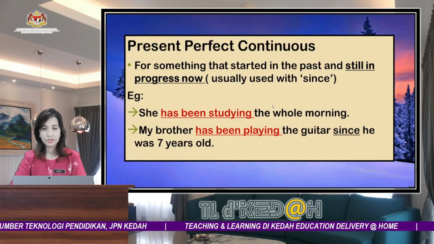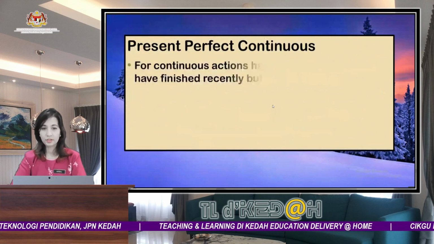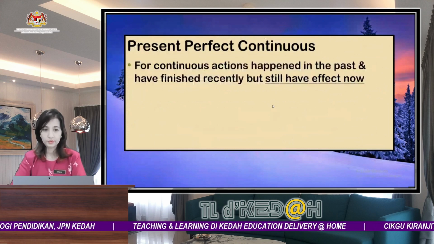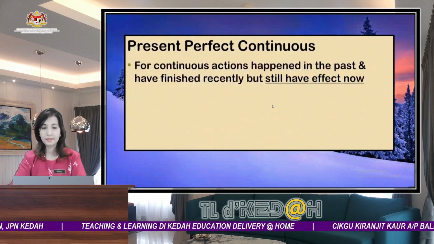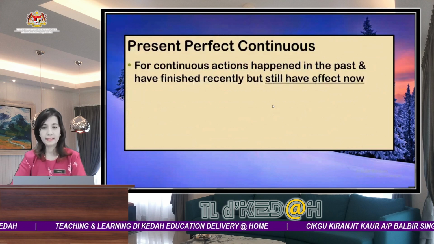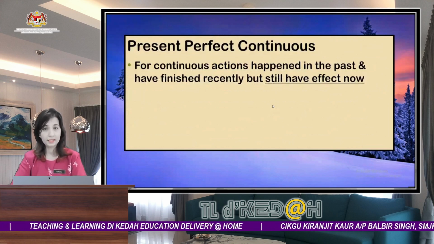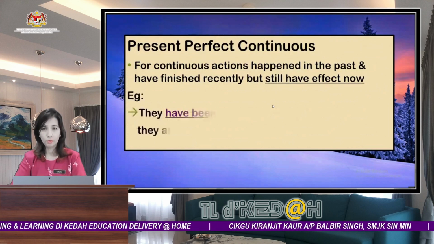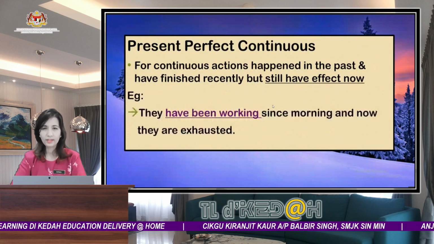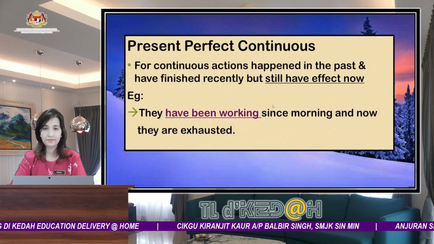For continuous actions, present perfect continuous tense is used to explain continuous actions that happened in the past, have finished recently, but still have the effect. Example: they have been working since morning and now they are exhausted. So where is the effect?